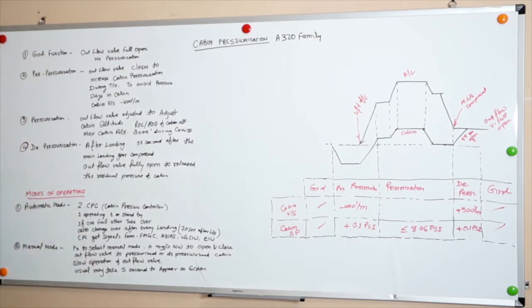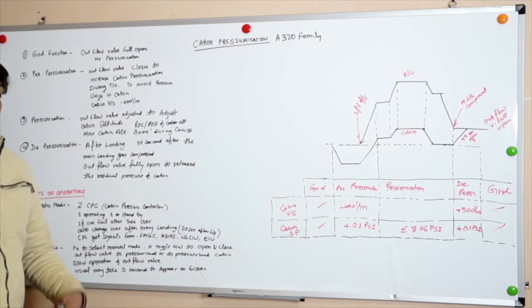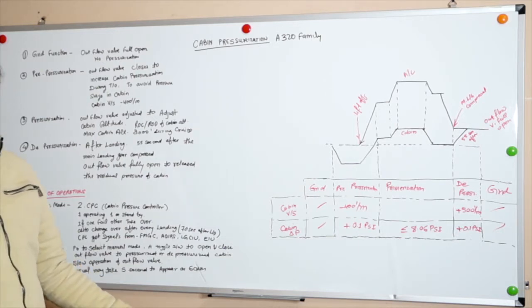Next comes depressurization. Depressurization means that whatever additional pressure is locked inside the cabin has to be released when we come to the ground. If we do not release that additional pressure, the pressure inside the cabin is higher than the outside pressure at the ground.